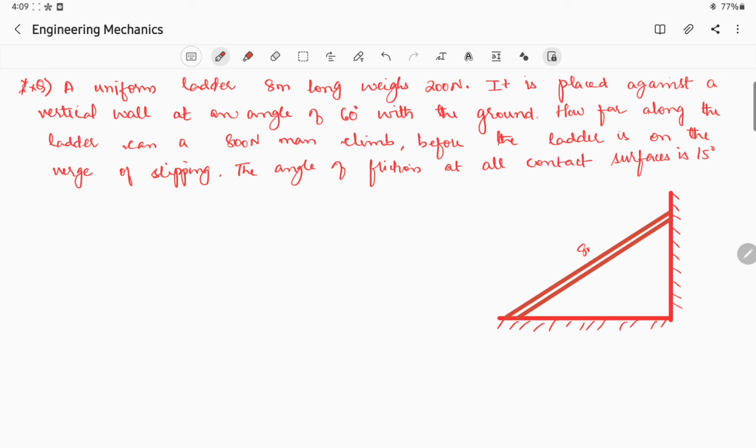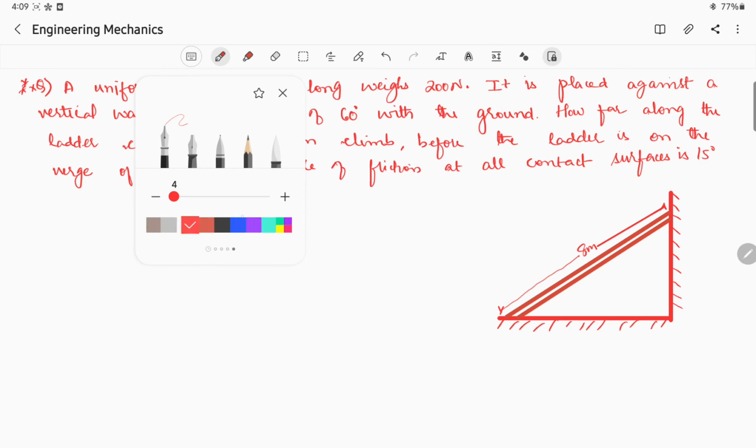This is 8 meters long. Till here only, all the things are given to us. Whatever I am drawing after that is not there in the question.